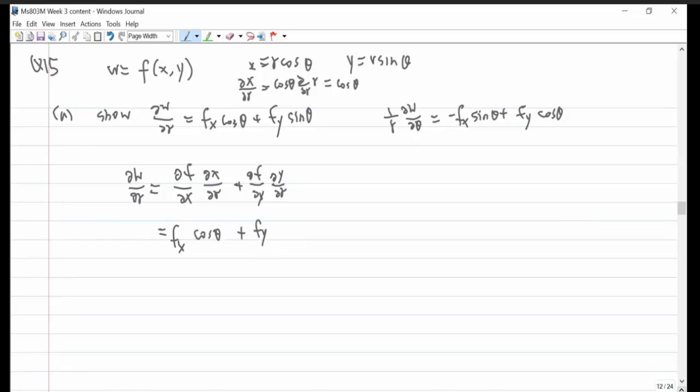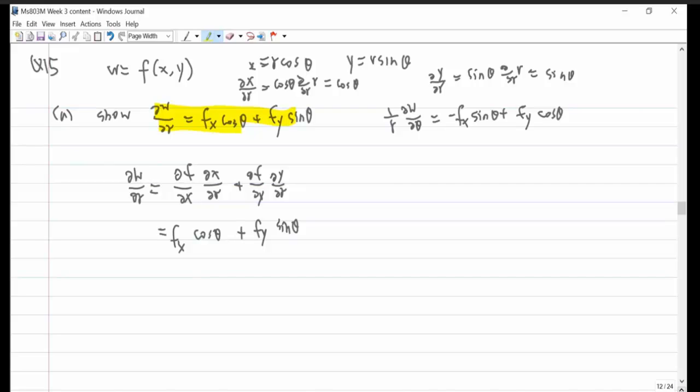Differentiate y with respect to r. So you keep theta constant, you have sine theta, differentiate r, of course, you get sine theta. So this one is very fast. So you got the first term already. Okay, how to show it? You just differentiate using the chain rule, using this formula.